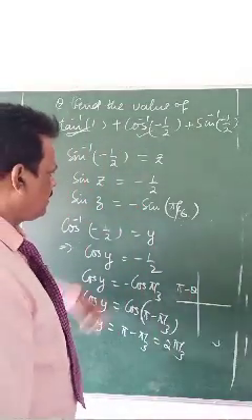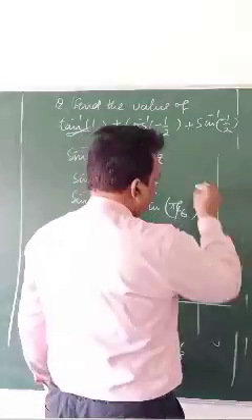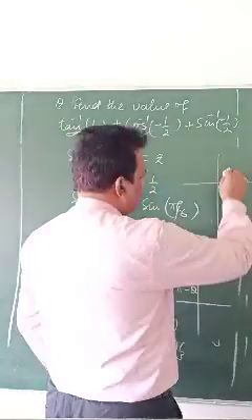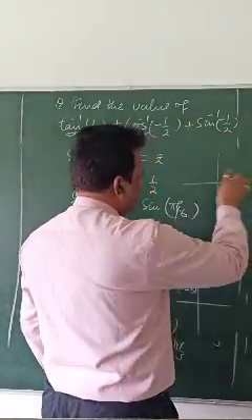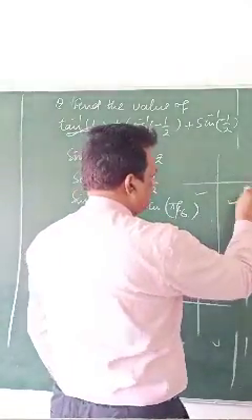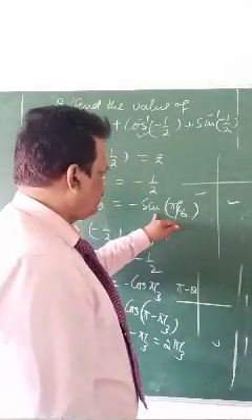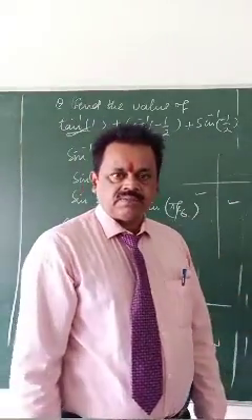But sin is negative where? Sin is negative in the third and fourth quadrants. But what is your range? Minus pi by 2 to plus pi by 2.